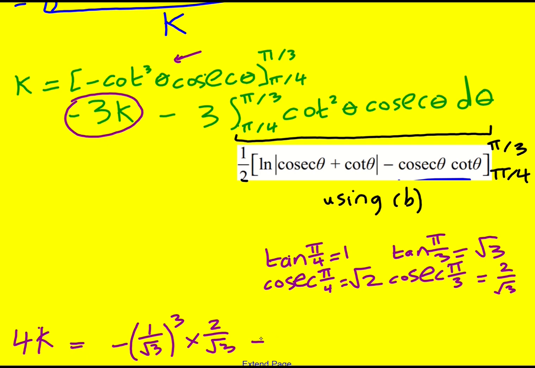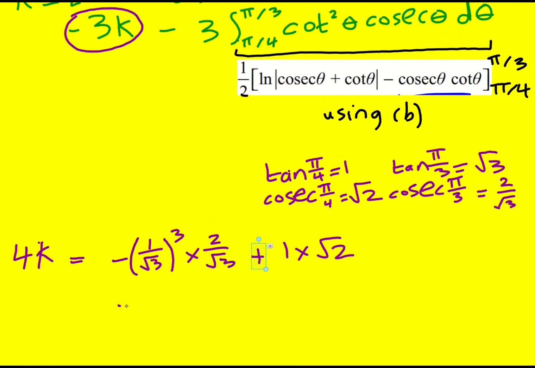And then I'm going to minus, so it will become a plus. Cot of pi over 4, sorry, not pi over 2, pi over 4. So that's going to be 1 as well. So I'm just going to do 1 times, and then I've got root 2. So that's the first bit.